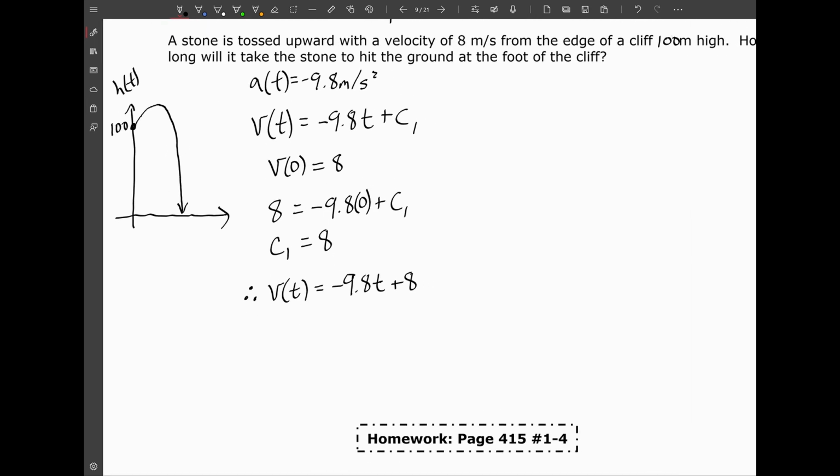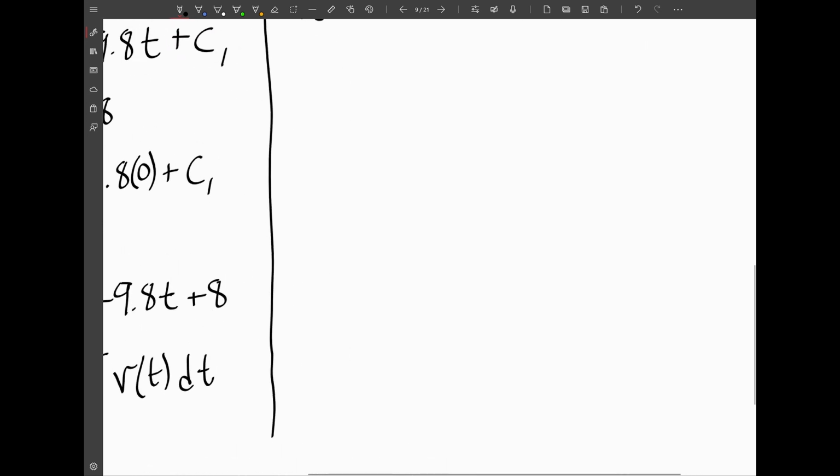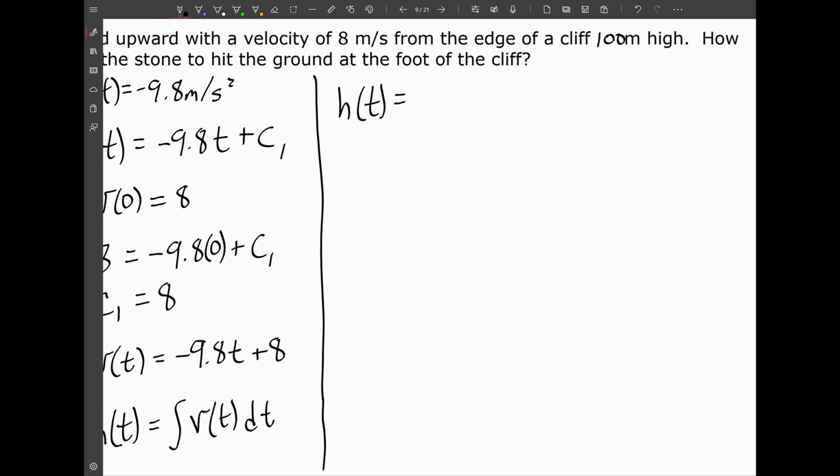Now, just like before, we can get our h of t by taking the antiderivative, right? Remember, h of t is going to be the antiderivative of v of t. So what we get is that h of t, very similar to the last equation we had for h of t, is going to be negative 4.9 t squared.